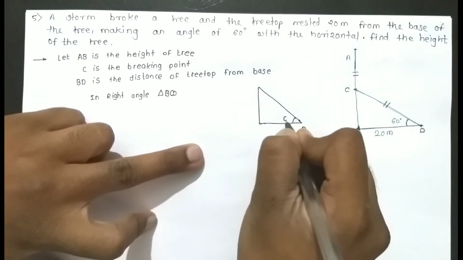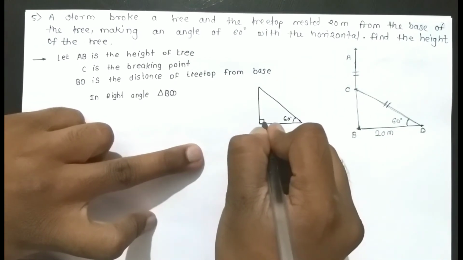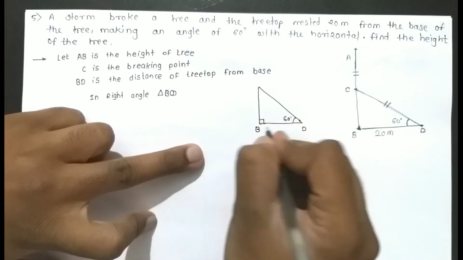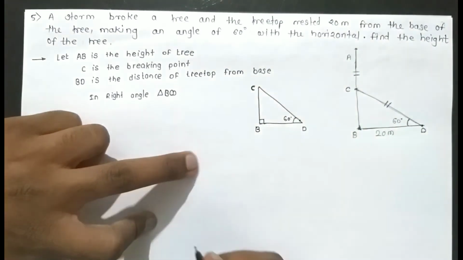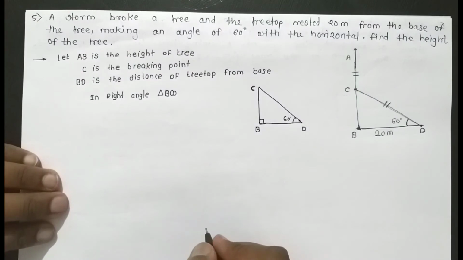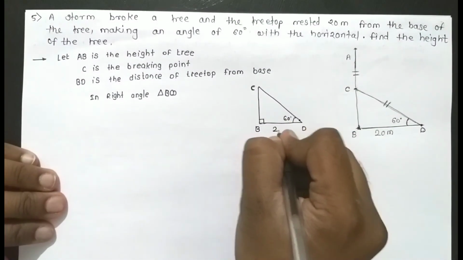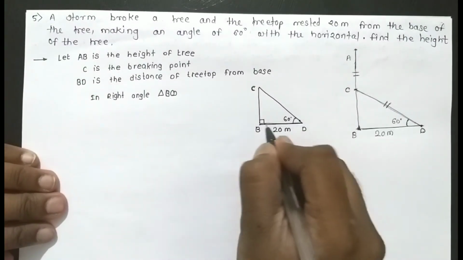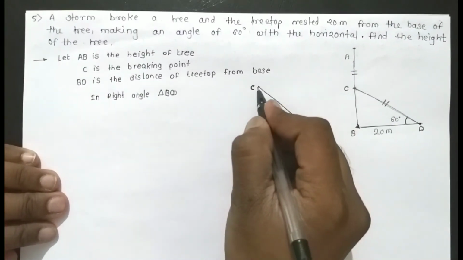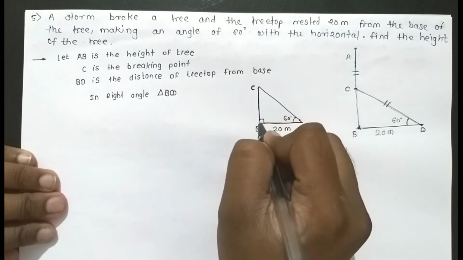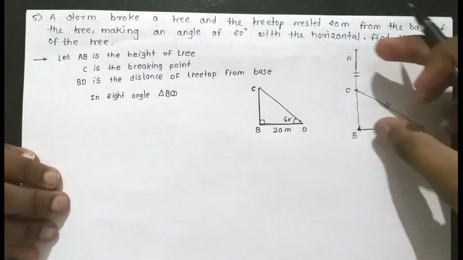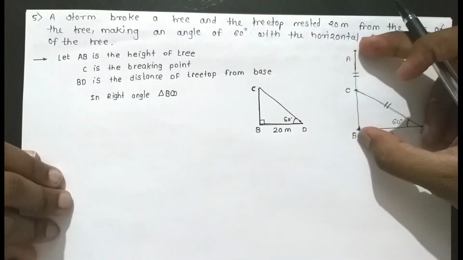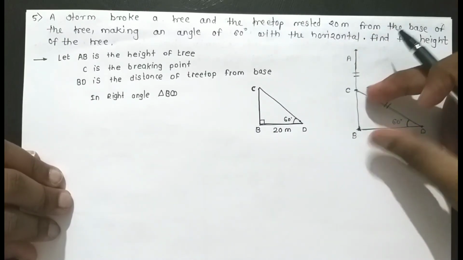Here is D, 60 degree, right angle at B, and here this point is C. BD is 20 meter. So we know the adjacent side and we have to find the opposite side. What we have to find? AB. So here are two parts, AC and CB.